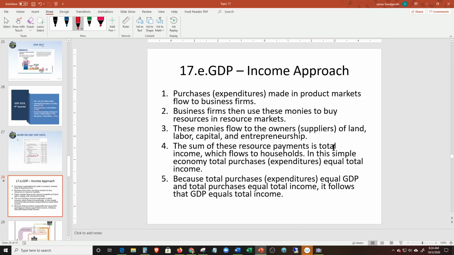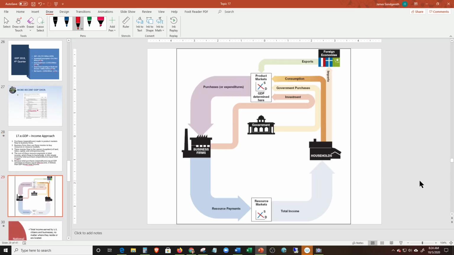The sum of these resource payments is total income, which flows to households in this simple economy. Total purchases, expenditures, equal total income, because total purchases equal GDP and total purchases equal total income. It follows that GDP equals total income. Yeah, that's pretty simple, and I'm going to show some exceptions here.